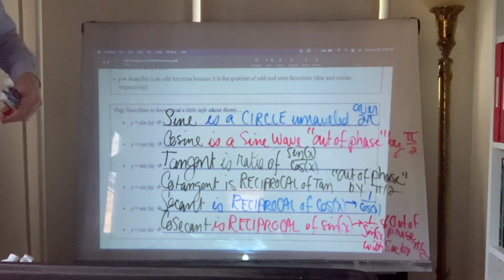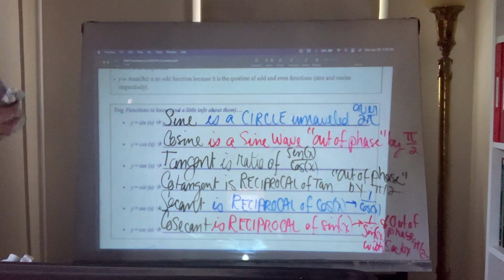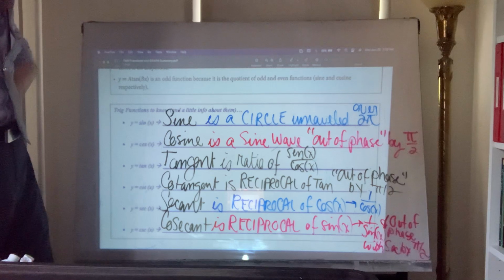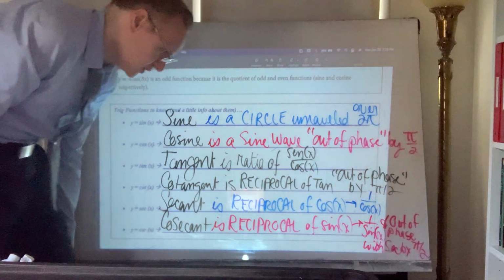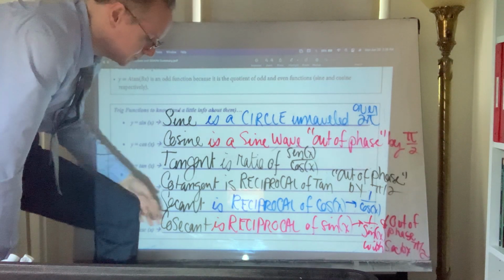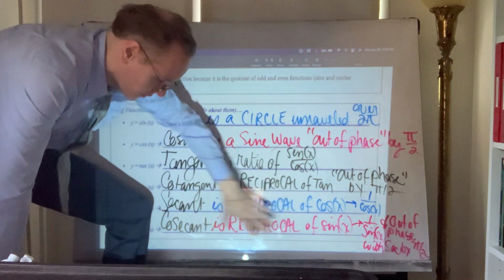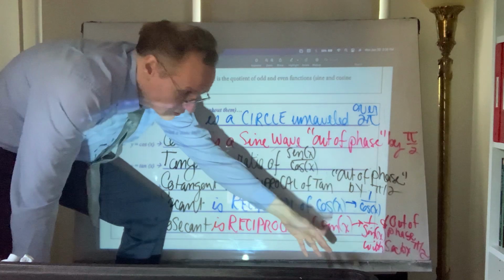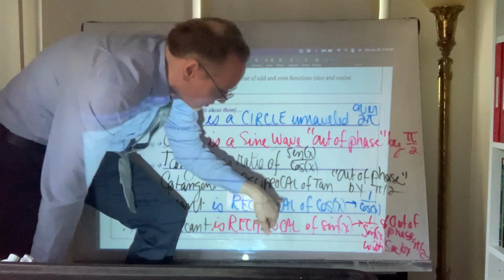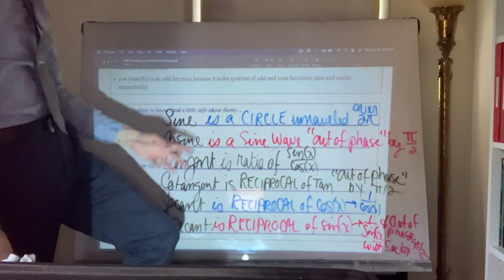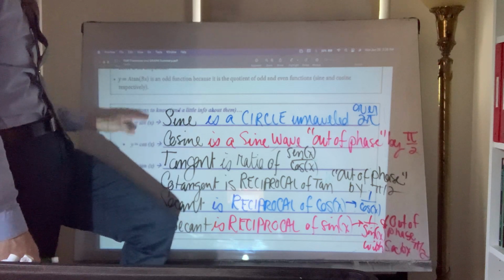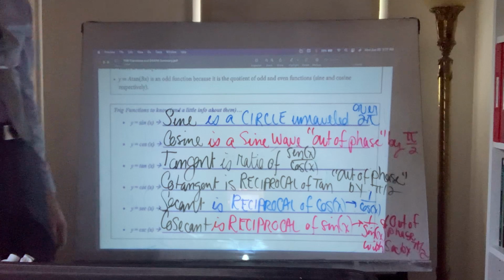Right. Once again, if secant is the reciprocal of cosine, all right, and cosecant is its cofunction, it is the reciprocal of sine, cosecant, but it is out of sync, right, out of phase, with secant specifically, right, by 90 degrees, so pi over 2, right? That's a good summary, I believe, to think of these things and how the graphs will evolve.